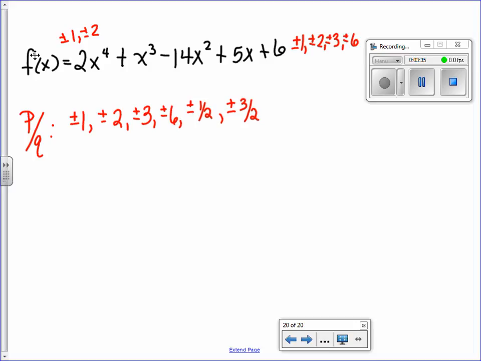Descartes' rule of signs. Positive is 2 or none, right? Okay. Descartes' rule of signs says how many ever sign changes there are in the original problem, you have that many positive roots, or that many minus ones, which is 2.